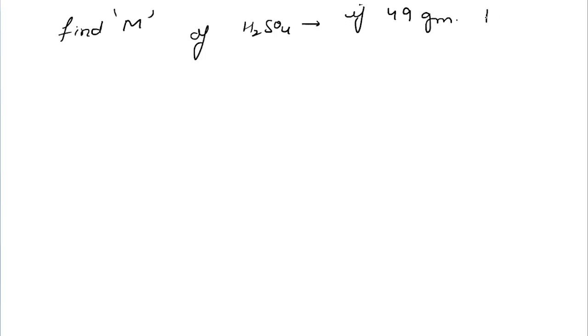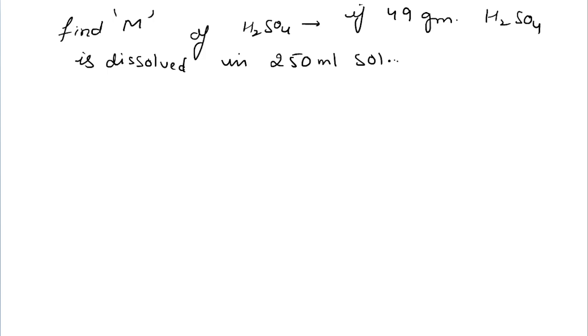Now see one more example to make molarity easier. The question is: find molarity, capital M, of H2SO4 if 49 gram H2SO4, sulfuric acid, is dissolved in 250 ml of solution.